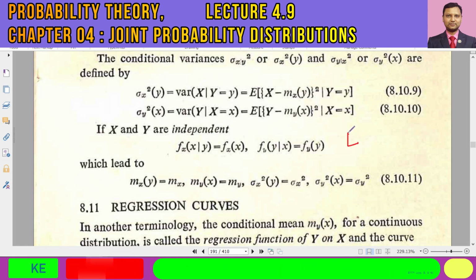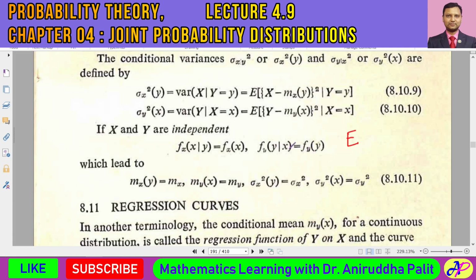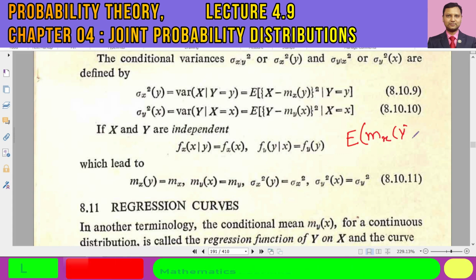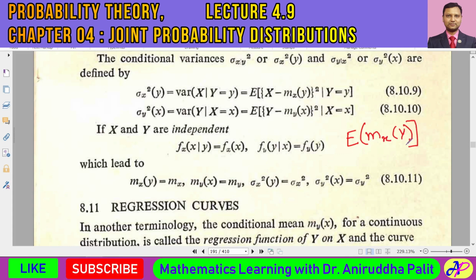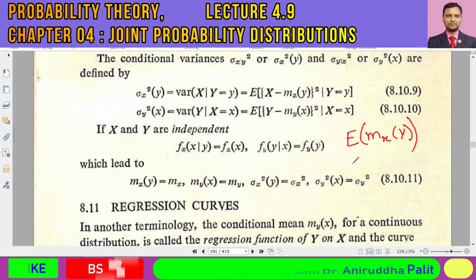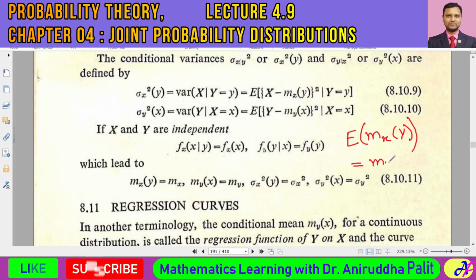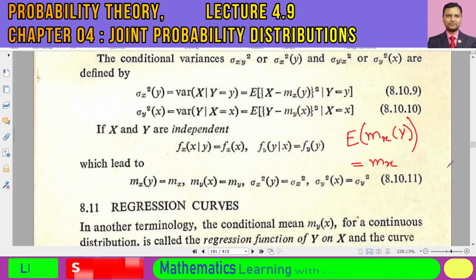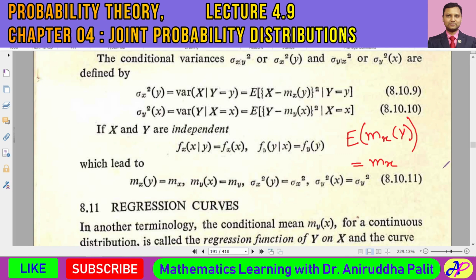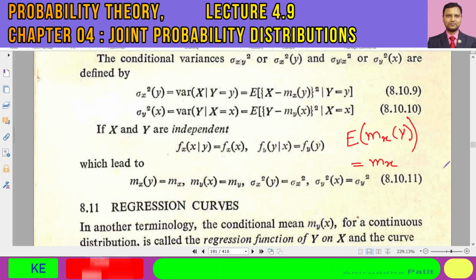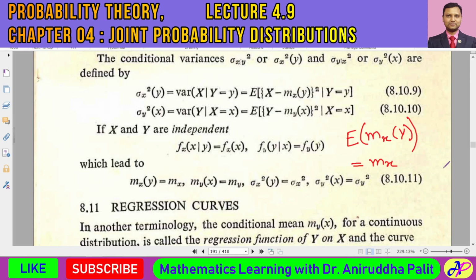We can prove that the expectation of the conditional mean of X, this type of expectation, would be equal to mx. And a similar result holds for the distribution of Y as well.